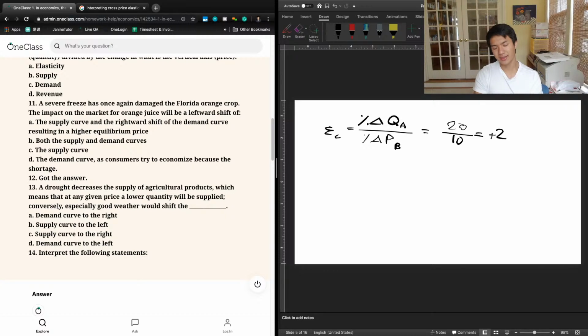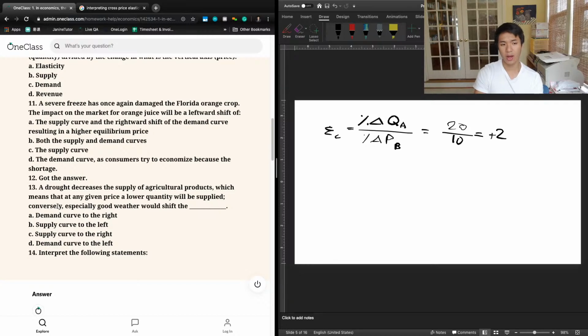When we have a severe freeze that damages the crop yield for a certain good, that's something that purely affects the producer side, the supplier side, right? Whether or not there is availability of oranges does not really impact the demand by consumers for oranges. It merely impacts the availability. And so we're looking for an answer choice that talks only about a change to a supply curve.